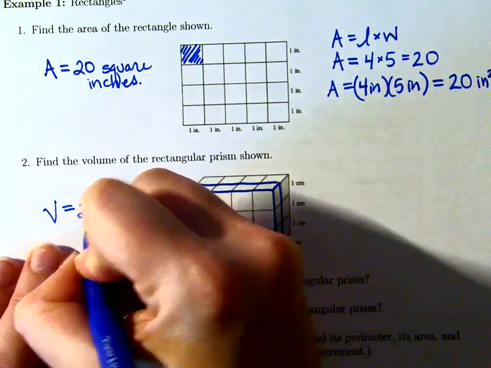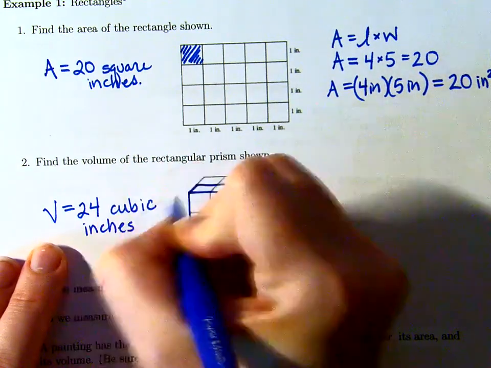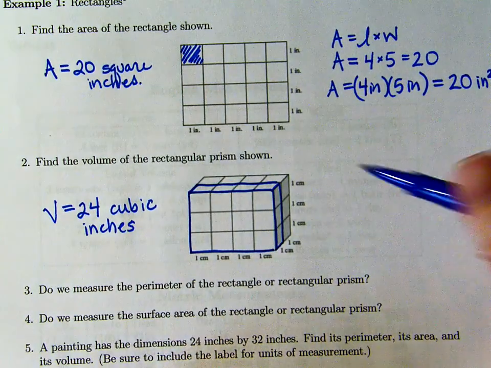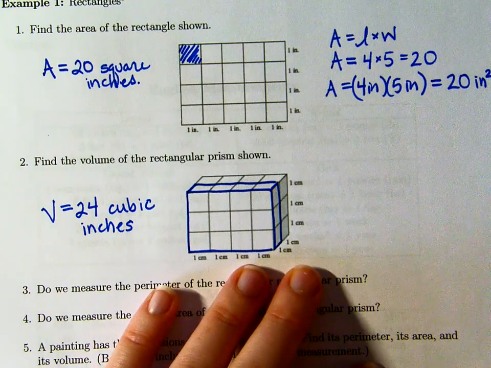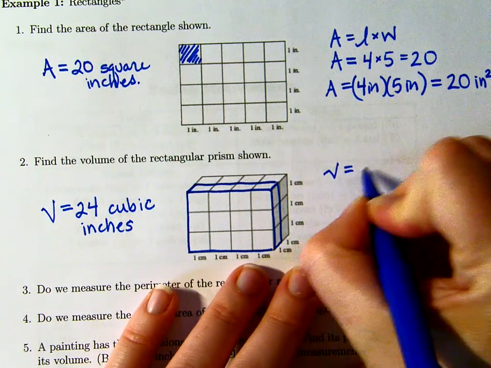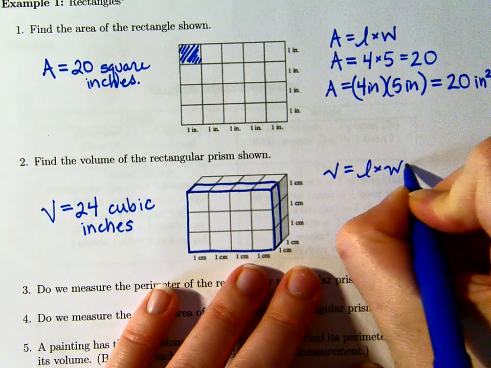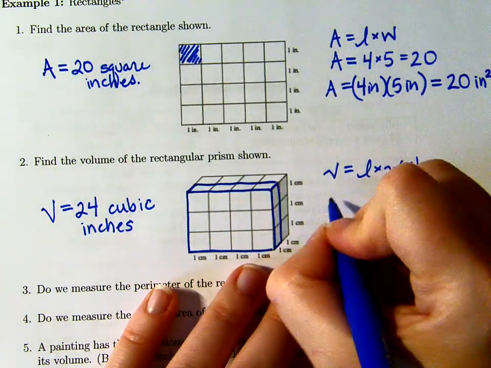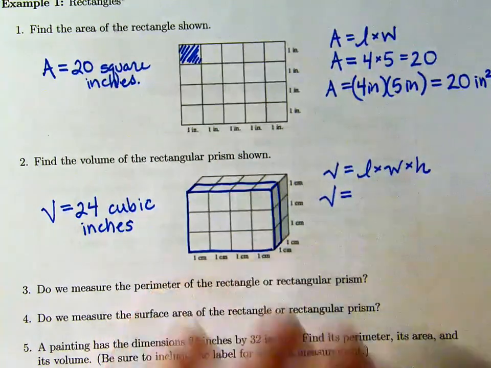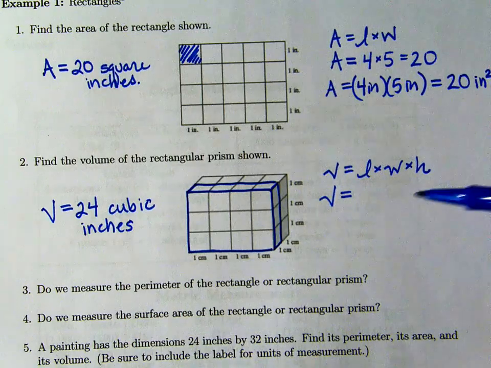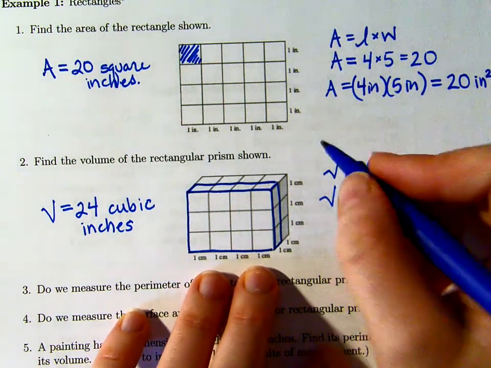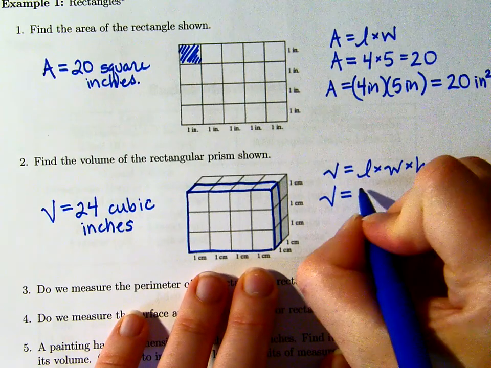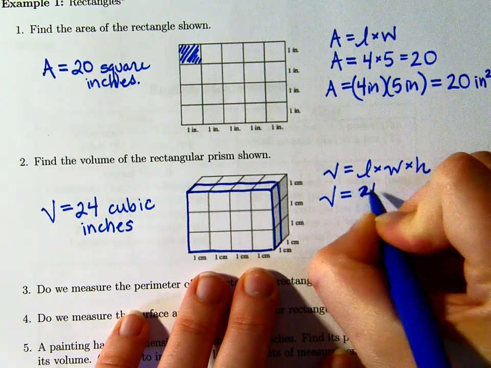cubic inches, or 24 cubes. So the volume is 24 cubic inches, and the formula used here is length by width by height. Okay, so a good, not great answer would be, okay, the rectangular prism had a length of, oopsie, 4.